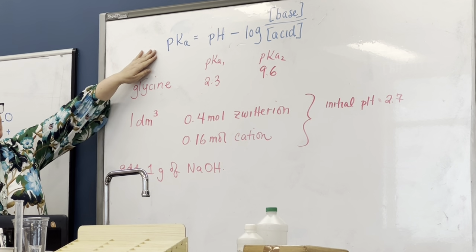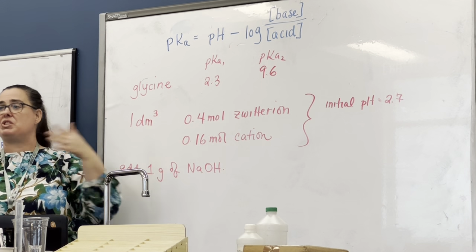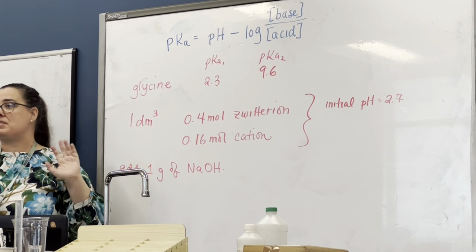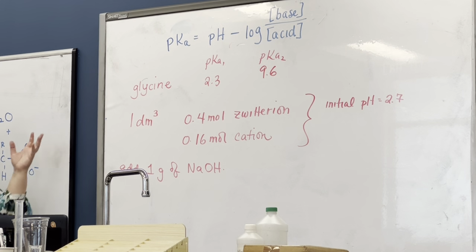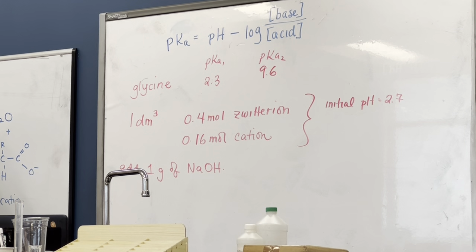I put in these two concentrations, and I got 2.7 for the initial pH, which I didn't ask you to do, because I thought it was the same as the last problem. I was just going to see how much it changed, and I thought you might like to know where it started. So that was just for free while I was trying to give you some time to do your hard work.